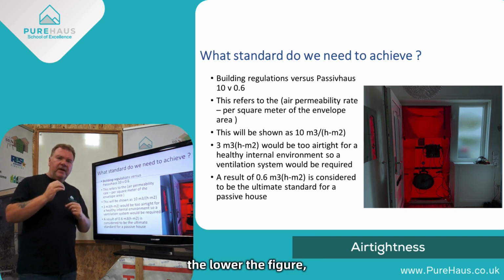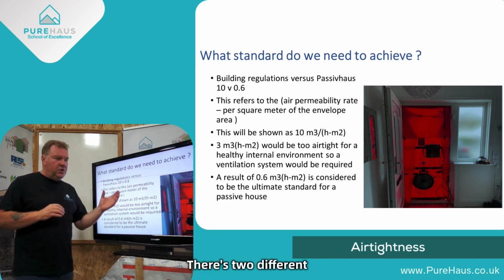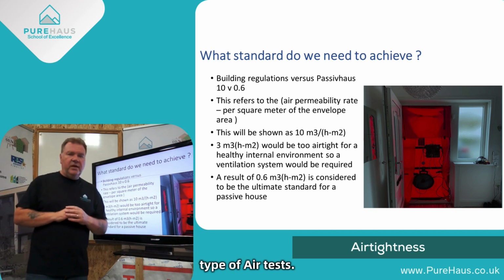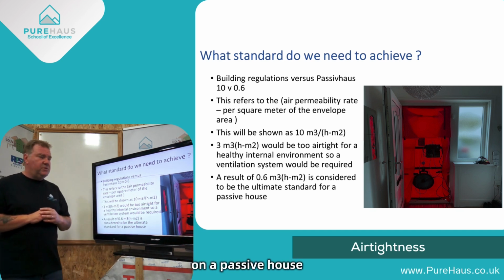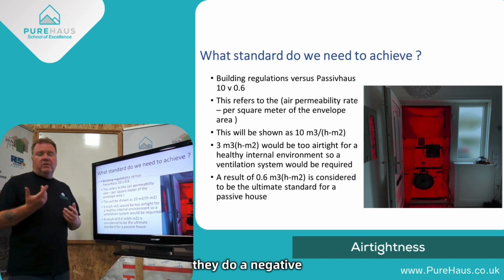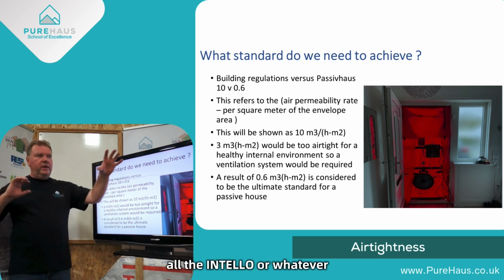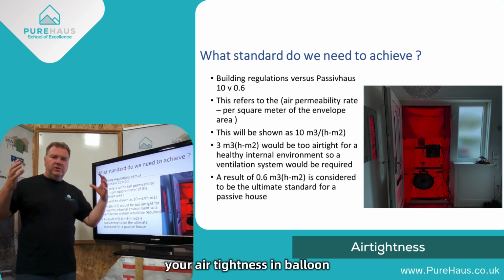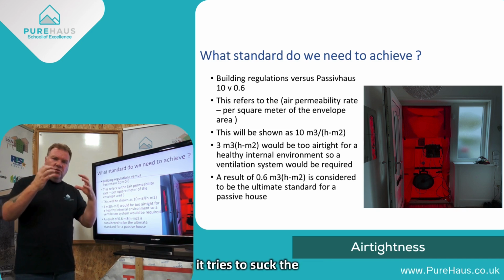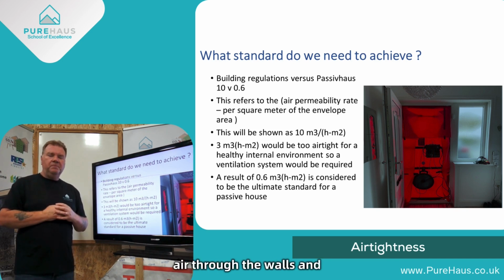The lower the figure, the better the airtightness and the better the result. There's two different types of air tests, and they often do both on a passive house: a negative and a positive. They'll suck the air out, and you can watch the Intello, or whatever your airtightness membrane is, balloon in as it tries to suck the air through the walls.